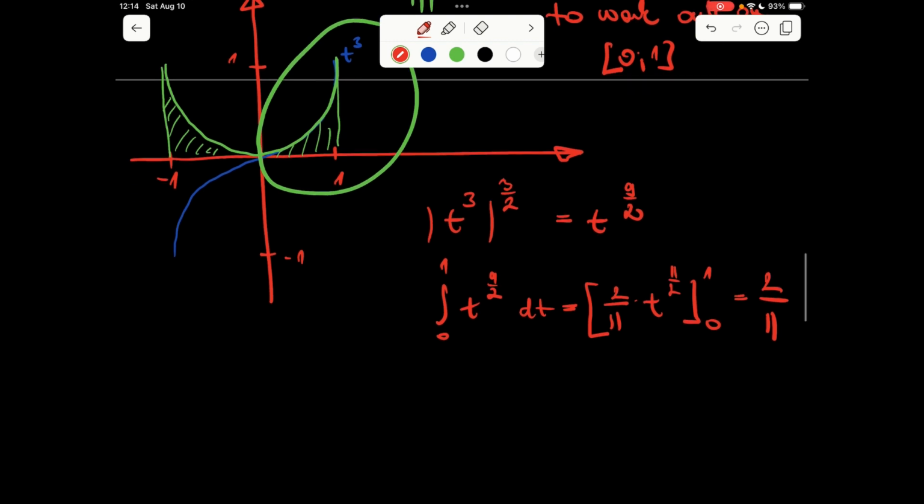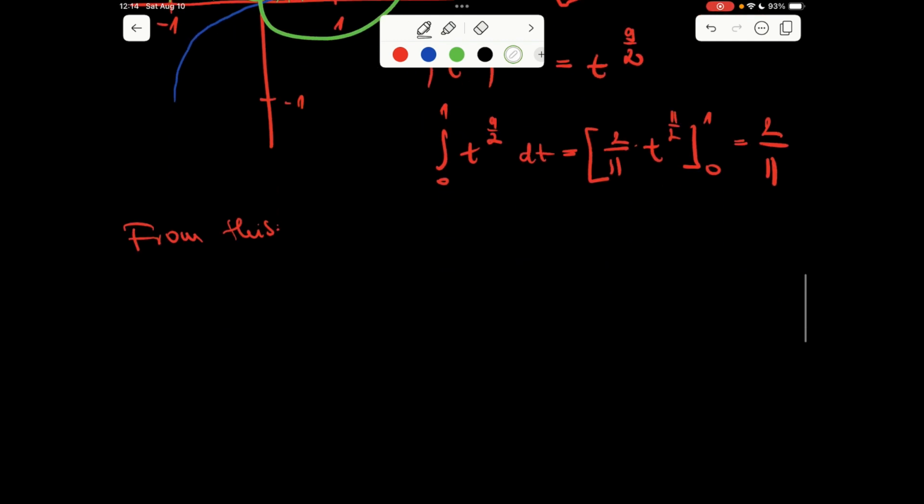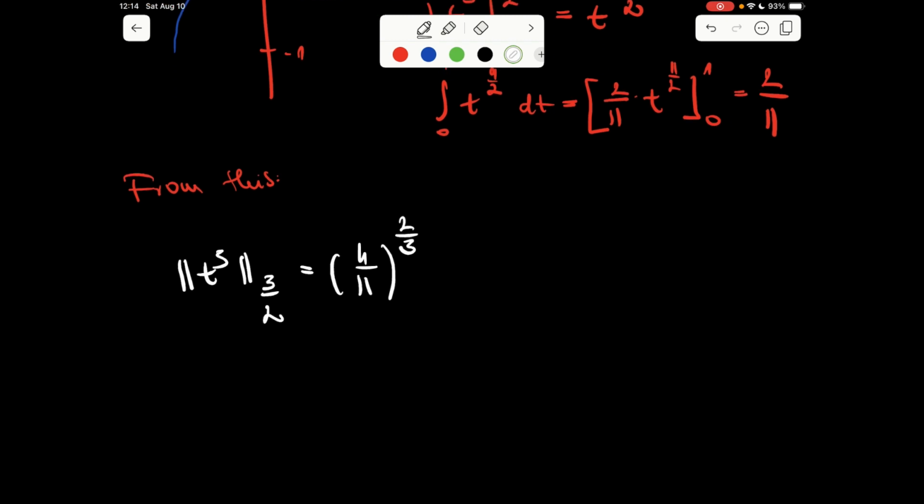And over the whole interval, the norm of the function over the whole interval is simply this real number. Okay, so this is the norm of the function.